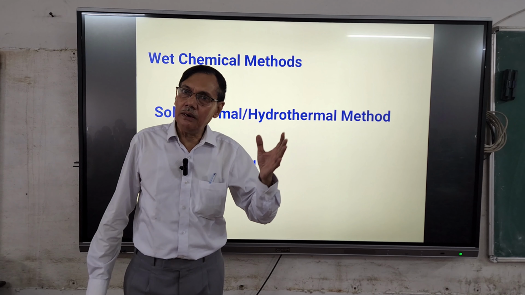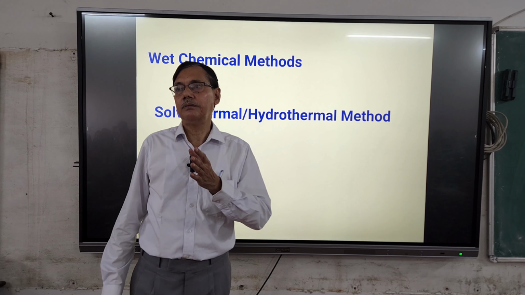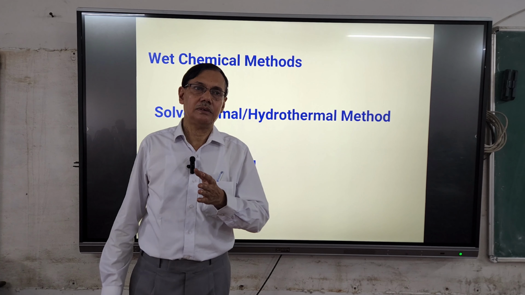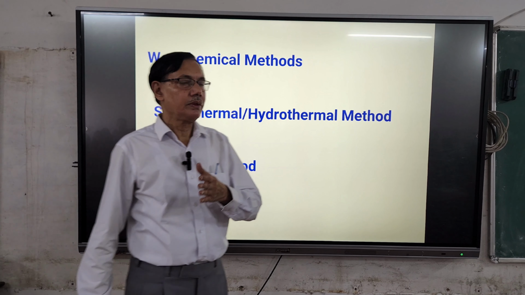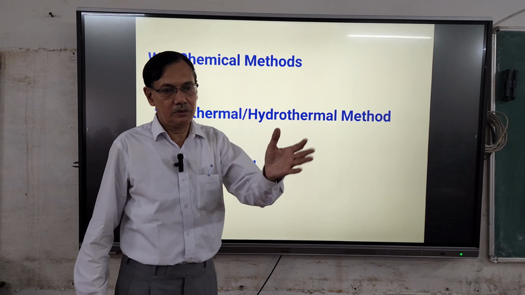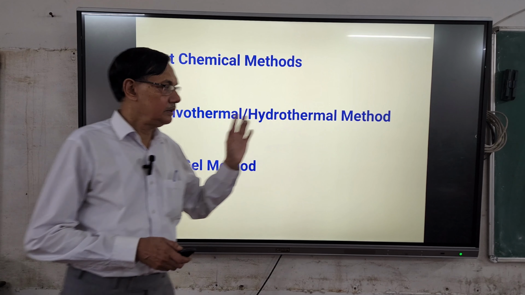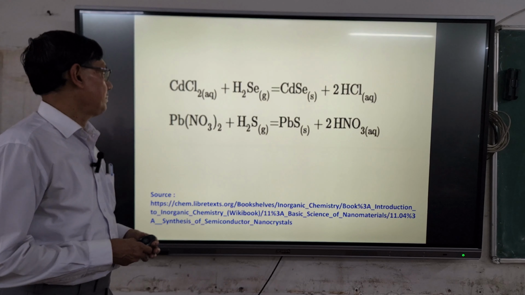But as usual, I am avoiding the green synthesis of semiconductor nanoparticles. Nowadays, scientists are using green synthesis for semiconductor nanoparticles, but I am not dealing with it. So, one by one I will discuss these things.